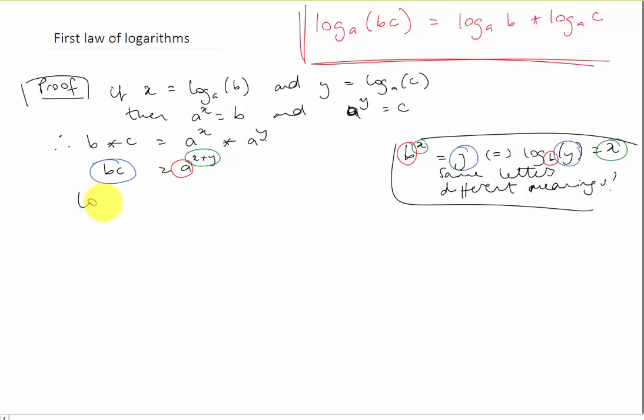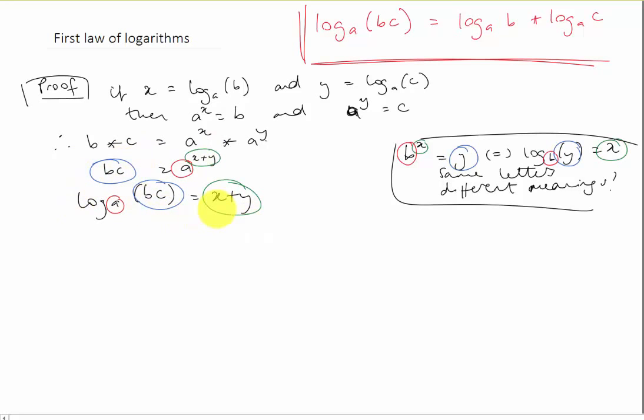use this. So that means that the log of A, so that's our base in this story, is equal to the log in base A of b times c, so that's our y, is equal to x plus y. So that's our green, what we call the x value in this.